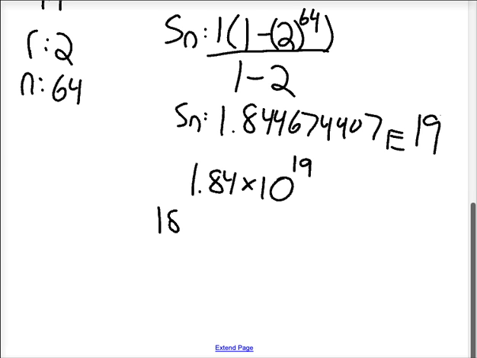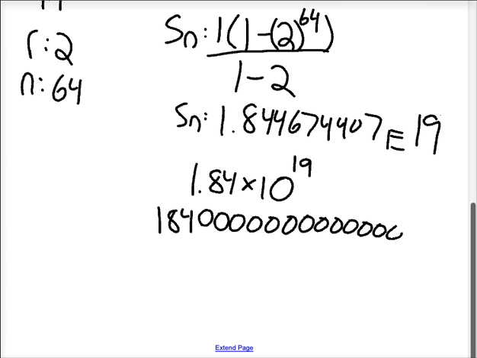So basically it's saying take this number and then you still need 17 more zeros. 1, 2, 3, 4, 5, 6, 7, 8, 9, 10, 11, 12, 13, 14, 15, 16, 17. So again, in this case, the number itself isn't that important. It's how absurd that number got, just how big that number is, that is the critical piece to this story. All right? So, a huge, huge, huge amount.